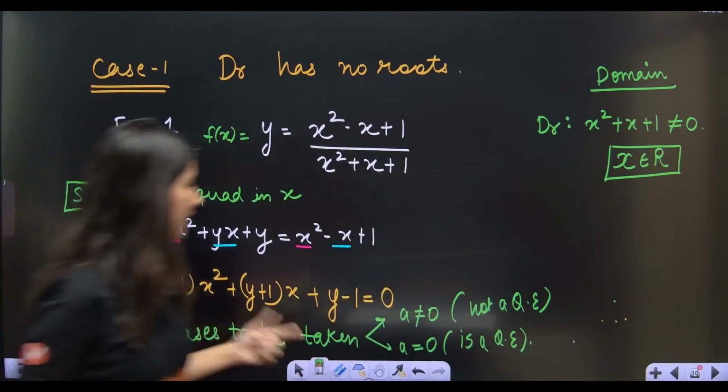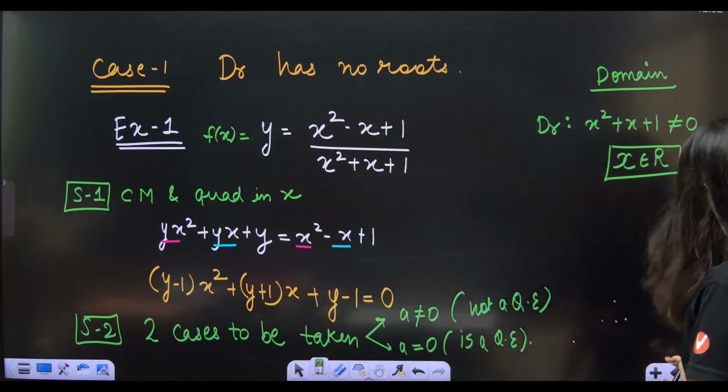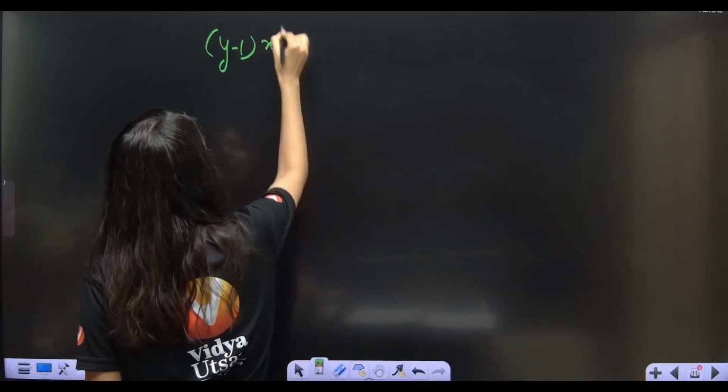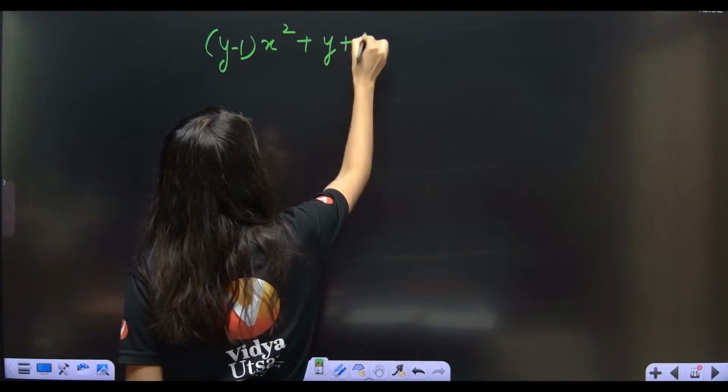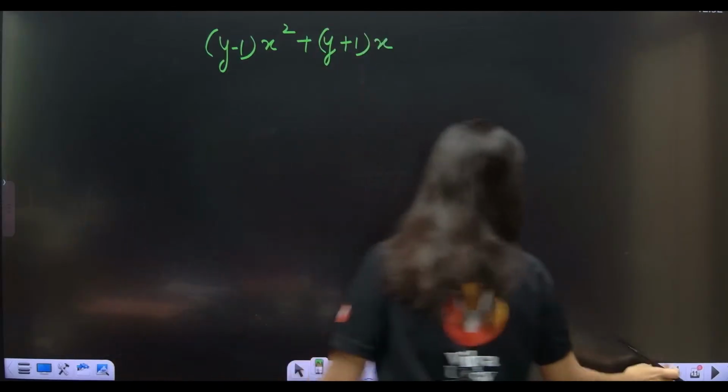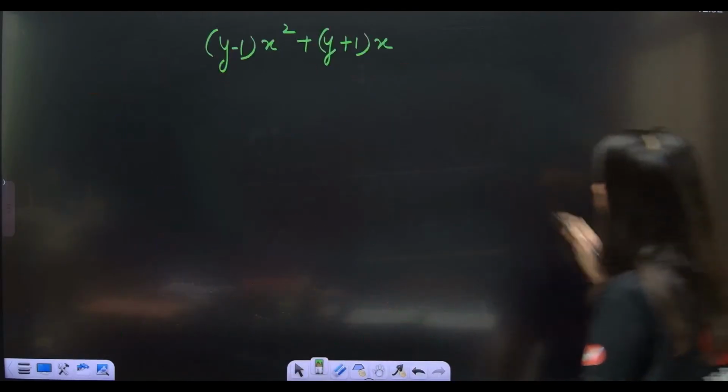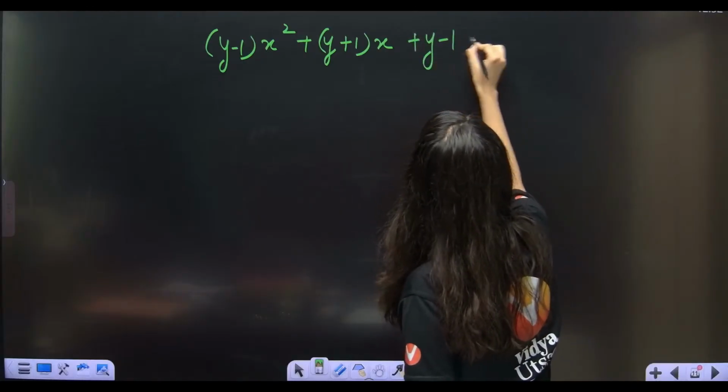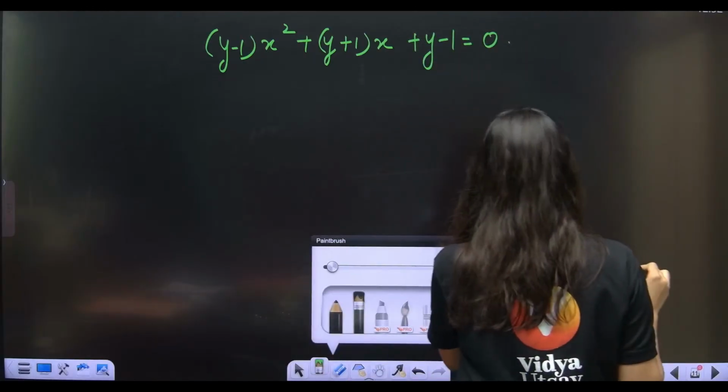So now, y minus 1 times x square plus y plus 1 times x, and plus y minus 1. Now you need to take two cases.